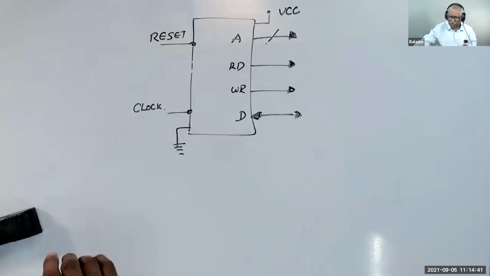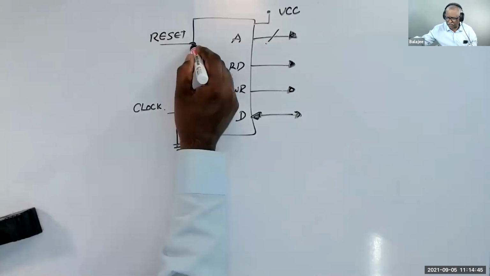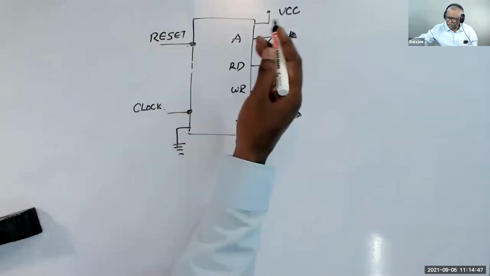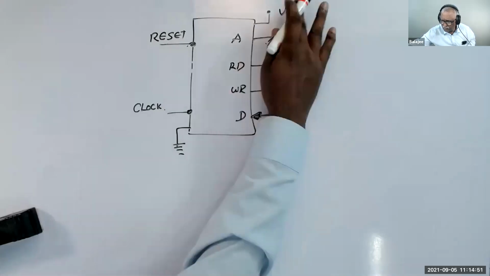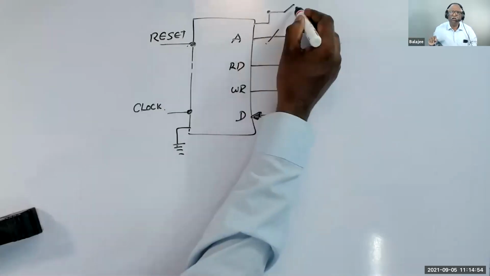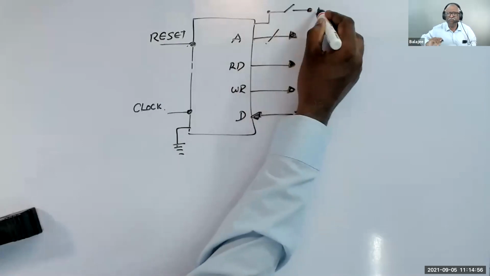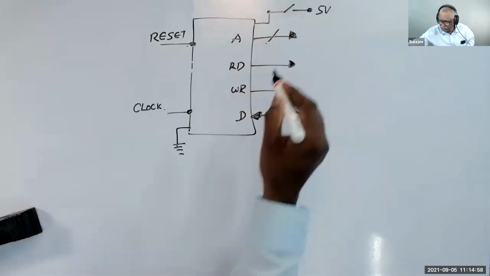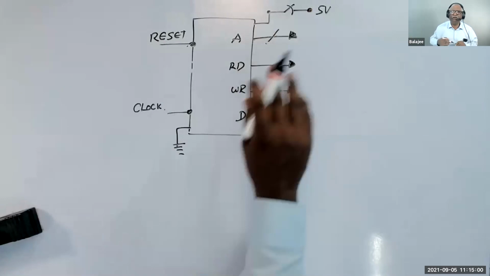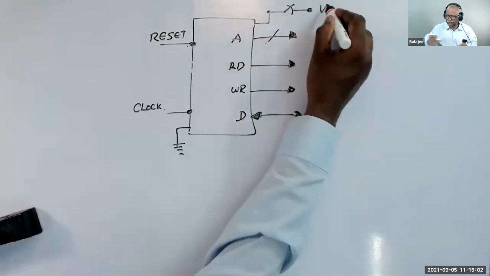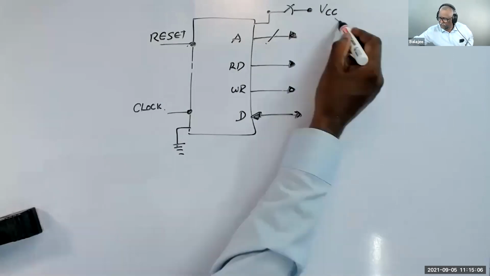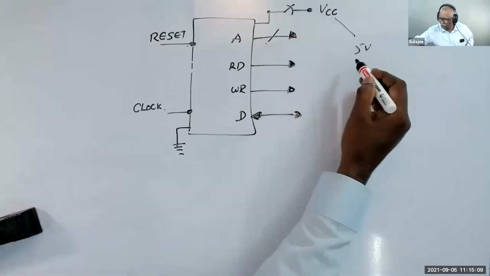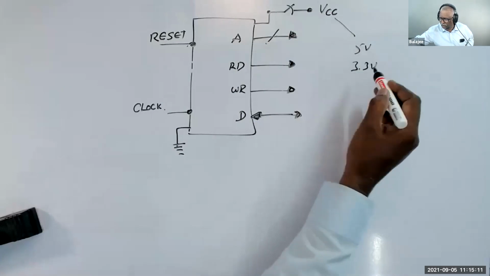And reset is the one which is equivalent to the microprocessor starting from an initial state. So the moment you give a 5-volt supply, see here, the moment you press the switch, let me write here VCC, because there's a reason for that. When I say VCC, it could be any voltage, 5 volt or 3.3 volt or 2.5 volt or 1.8 volt.